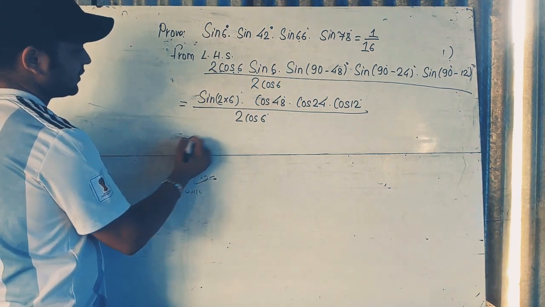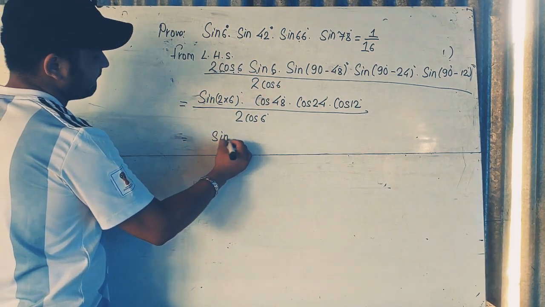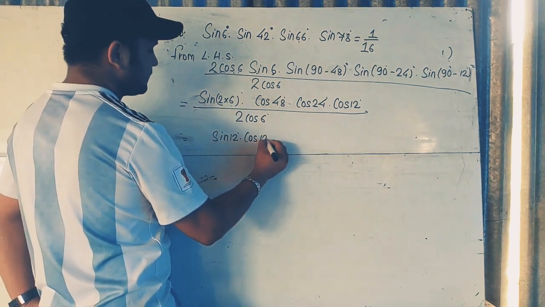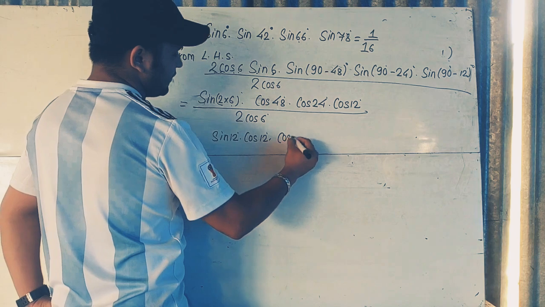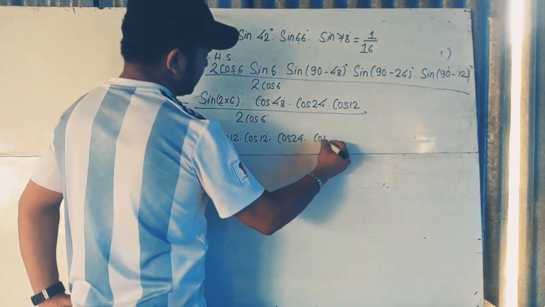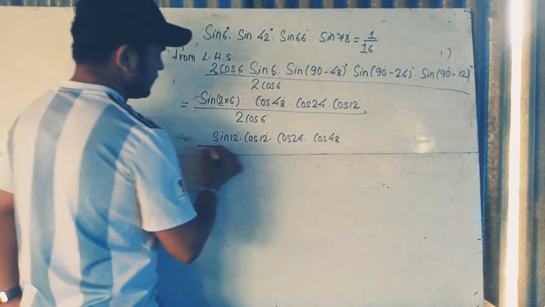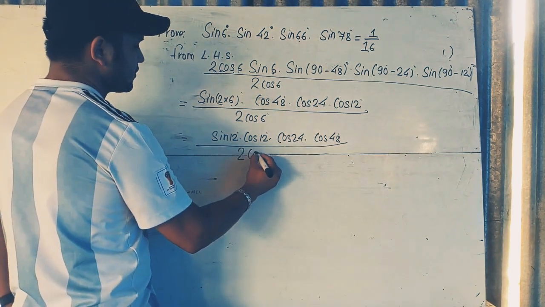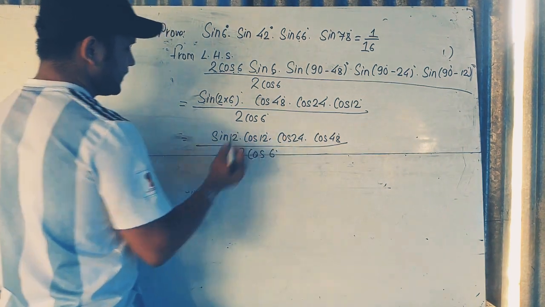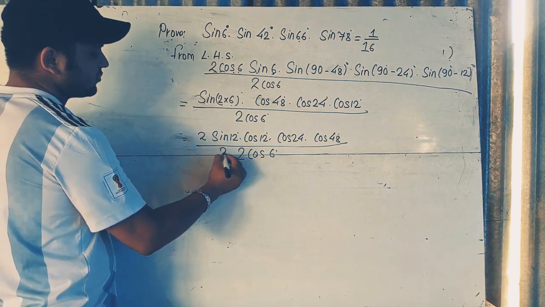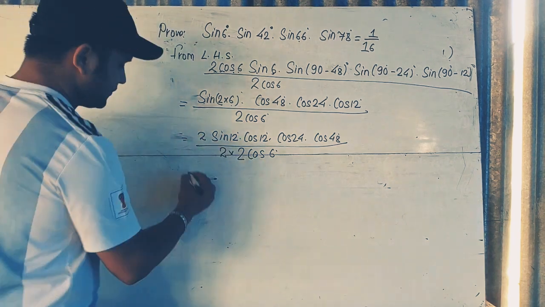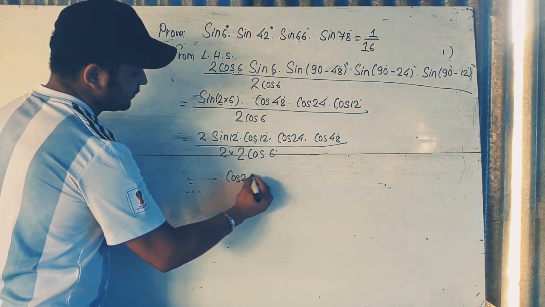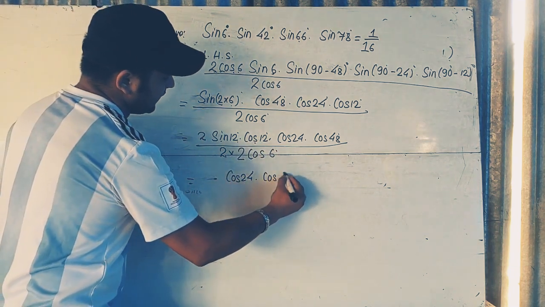Equals to, now you have here sin 12, 2 into 6 is 12. You also have here cos 12. You can get cos 24 here and then cos 48 here. Now what you have in the denominator is 2 cos 6. Now you can multiply the numerator by 2 and also the denominator by 2. So now if you do so, you will have here 2 sin 12 cos 12, which is to cos 24 into cos 48.